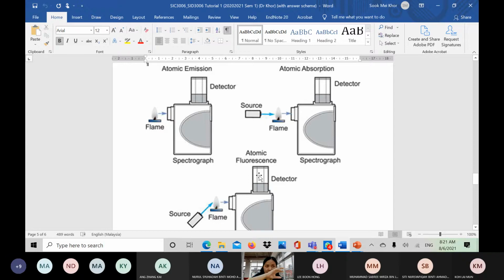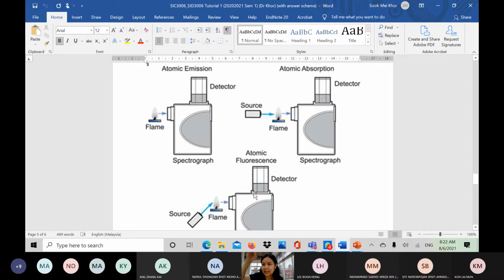Once the electromagnetic radiation from the light source shines upon this ground state atom, then they get absorbed. So before they get absorbed, what is the thing that is important? The ground state neutral atom, for AAS and AFS. That population is important. When it gets excited, this is the signal that we measure, the absorption signal, right?